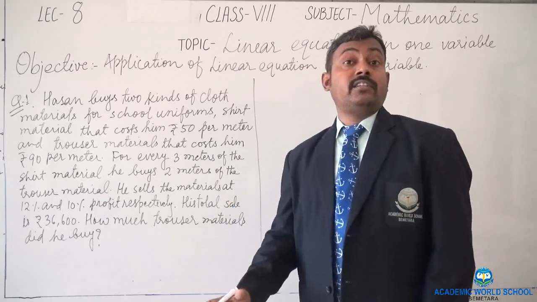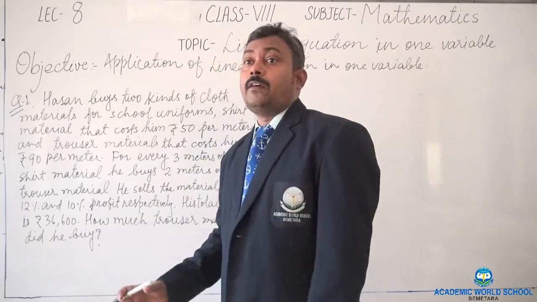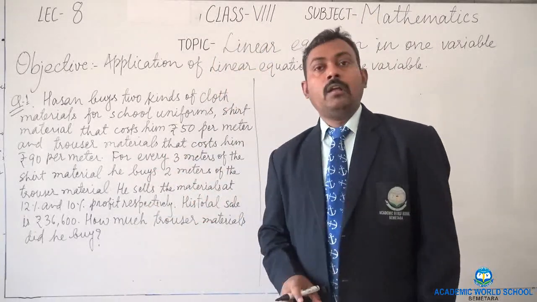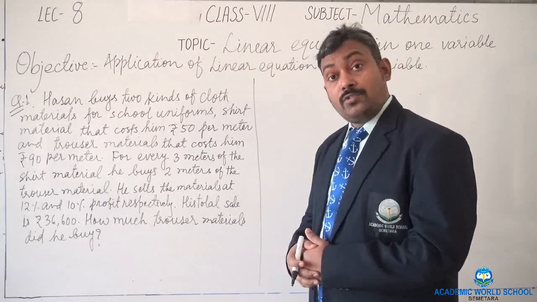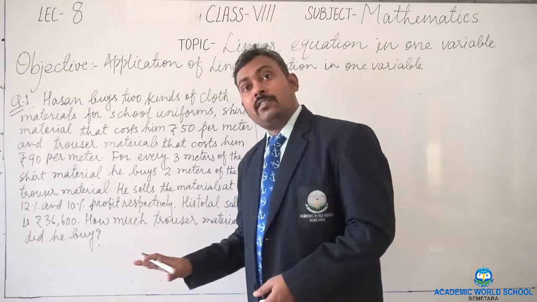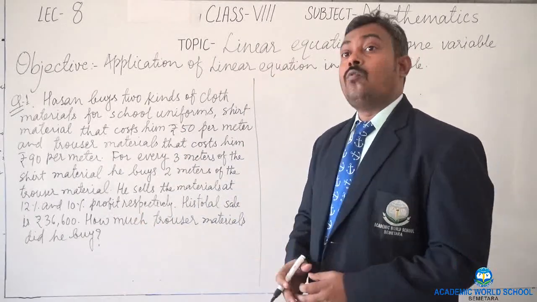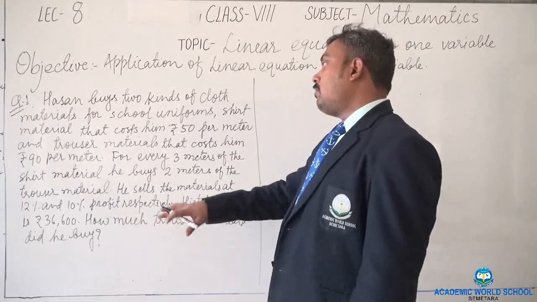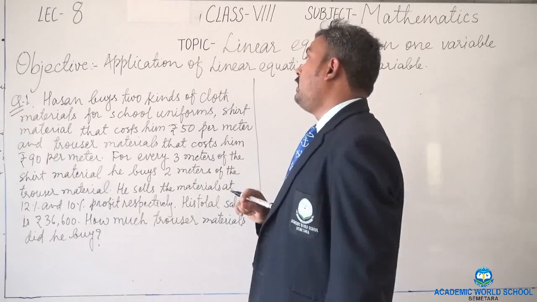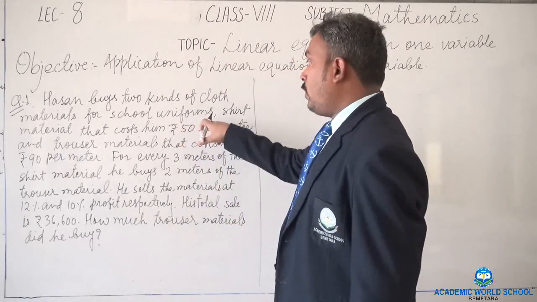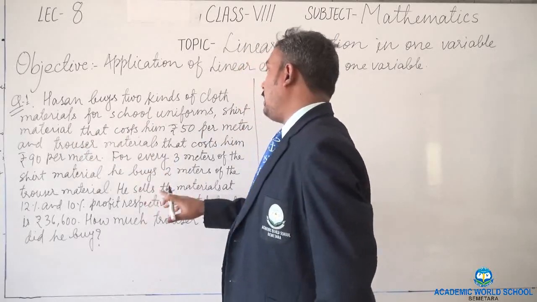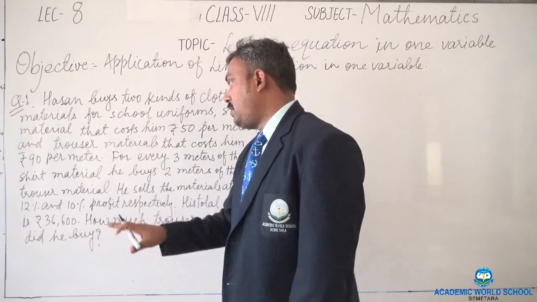So what I had discussed in my previous lectures, to solve the application-based question of linear equation in one variable, that concept only we are going to use here. The first step is to read the question and find out what is given and what is to be found. What is given here: the cost of 1 meter of shirt material and the cost of 1 meter of trouser material.